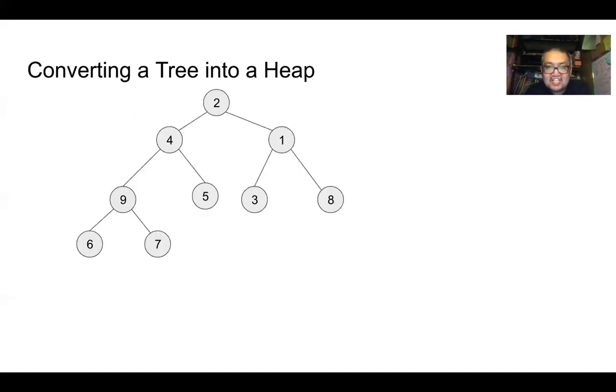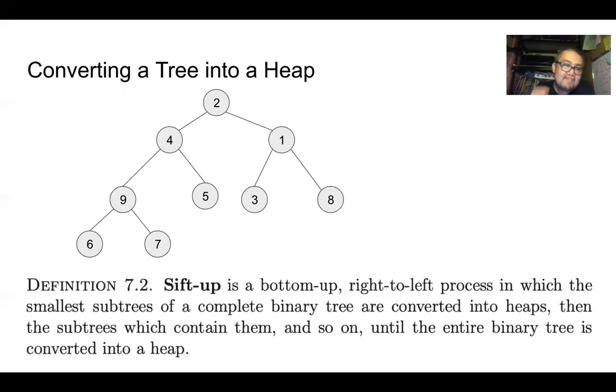The challenge that we have right now is how do we convert a tree into a heap? There are many ways. There are ways that are not optimal, like we did before, and there are more optimal ways. Of course, we will use the more optimal way.